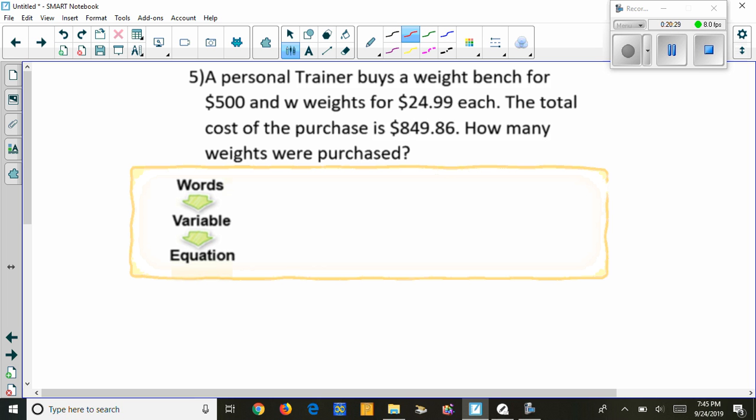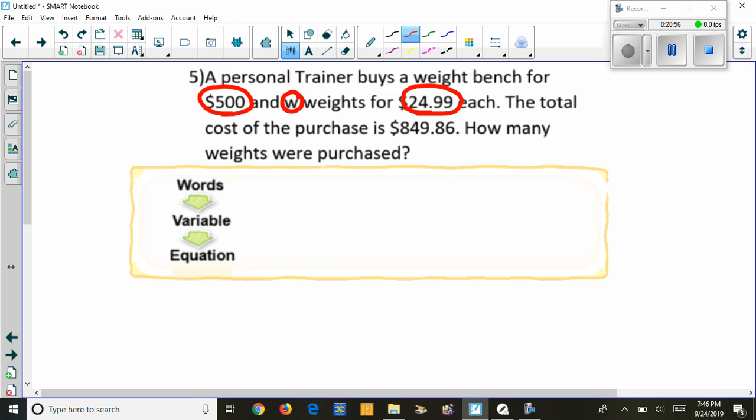First, let's seek out our numbers. A personal trainer buys a weight bench for $500 and W weights for $24.99. Notice that I circled the W. Remember, the W is a variable that represents a number, and I'm circling it to remind us that that is the variable we're being asked to use.